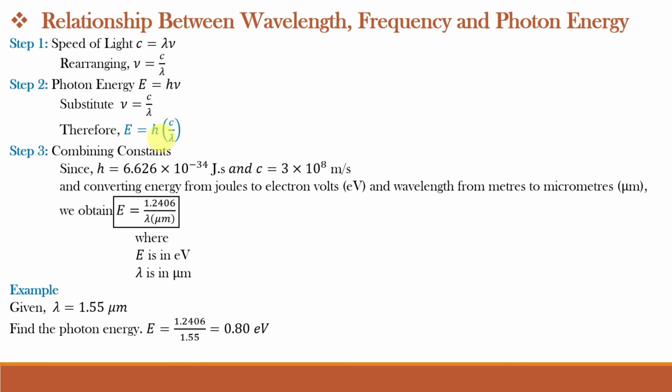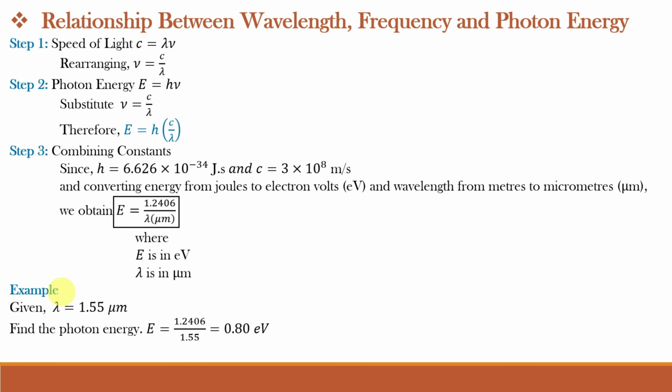So here, after substituting the values of constants and converting the units appropriately, we obtain the constant 1.2406. And remember, the energy E is in electron volts. So this equation is obtained just by combining the first two equations.